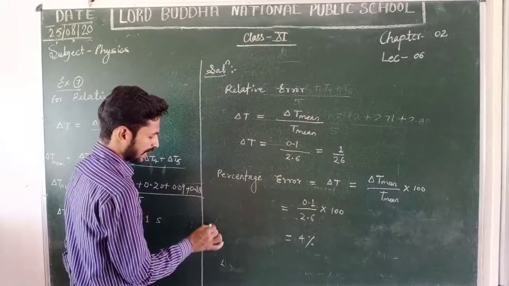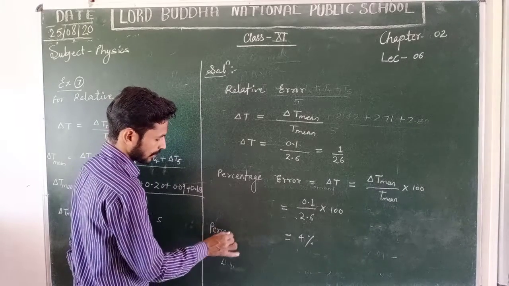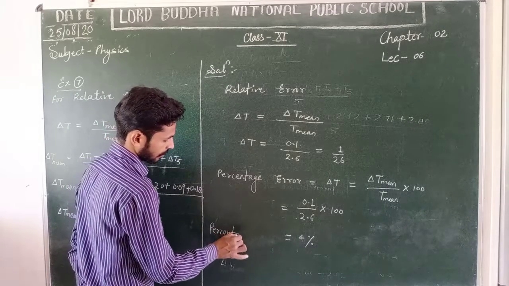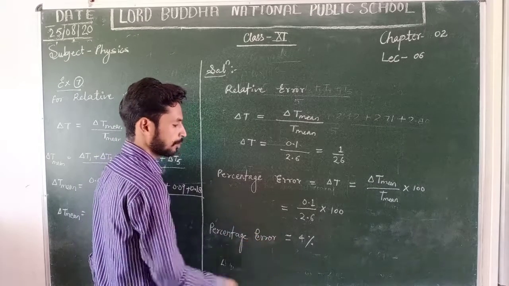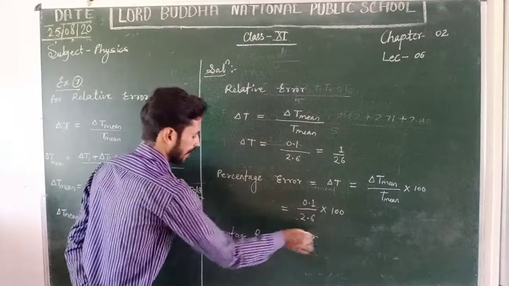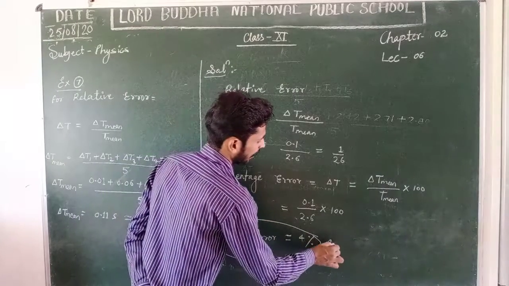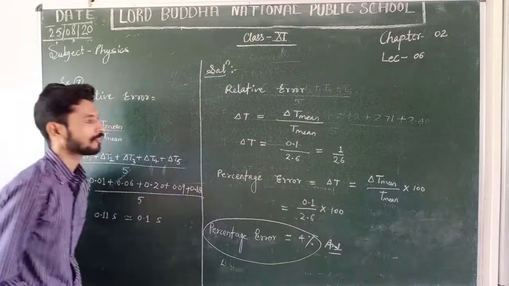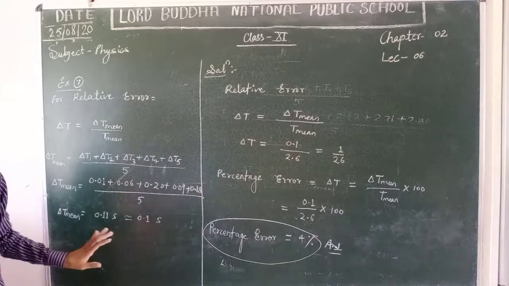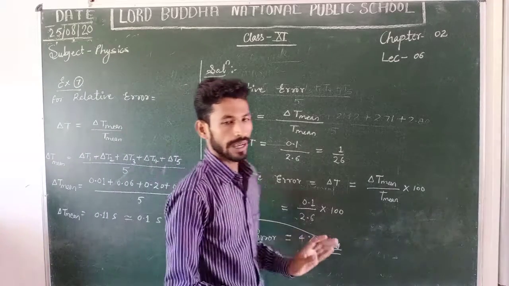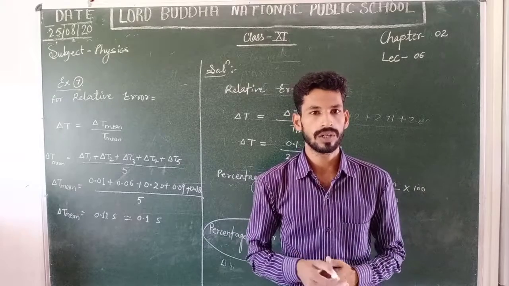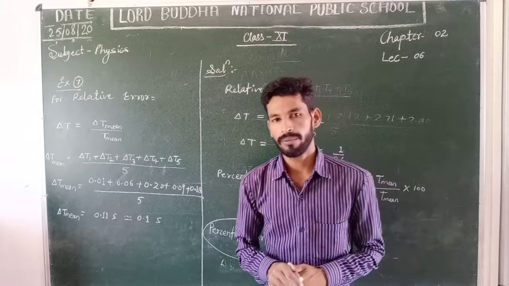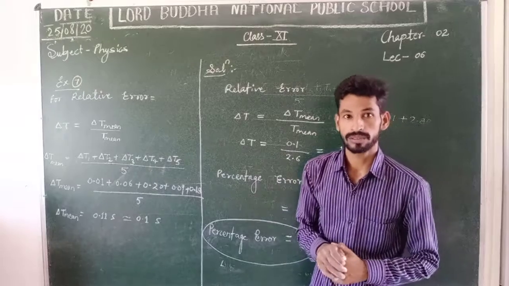So the percentage error in this process is 4%. That is the final answer of this question. According to this example, you can solve the questions given in your exercise, and we will meet in the next video. Thank you.